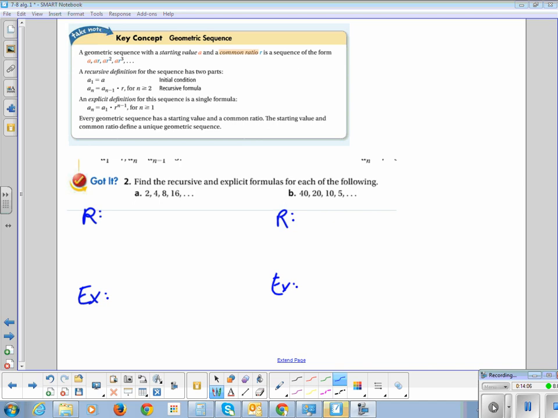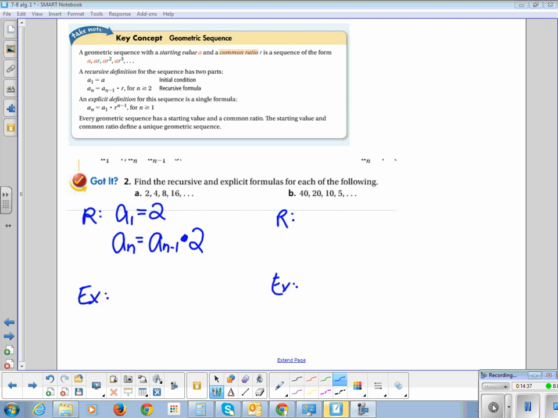All right, so recursive, we need the first term, which in this case is 2, and then we need a pattern to get from term to term, so we've got a sub n minus 1, and what is our common ratio here? Oh, we already did this one. This is sweet. What are we multiplying by each time? 2. Done. Recursive is done.